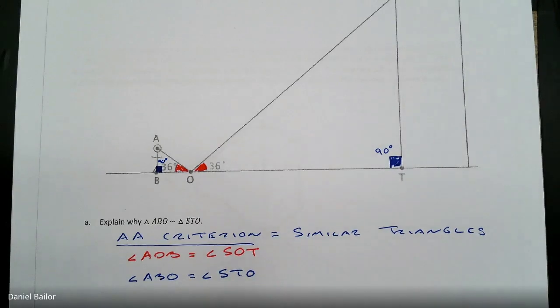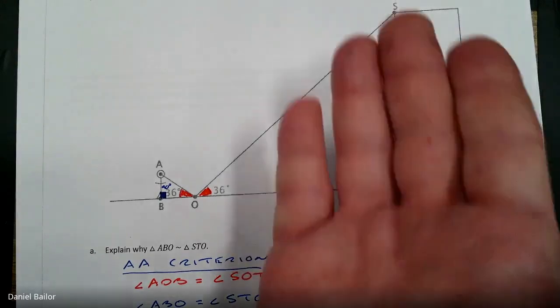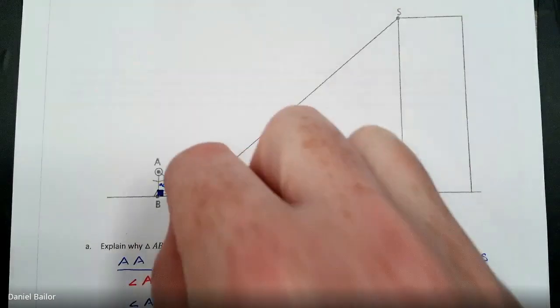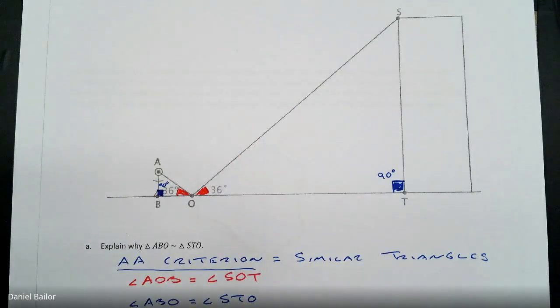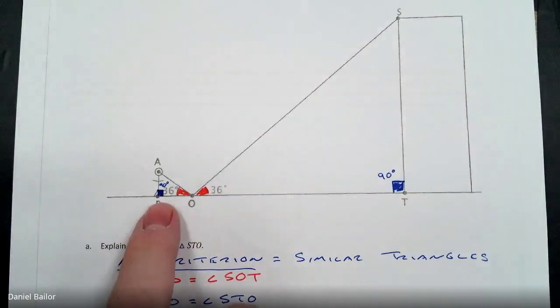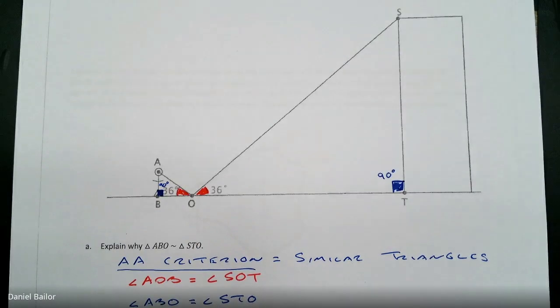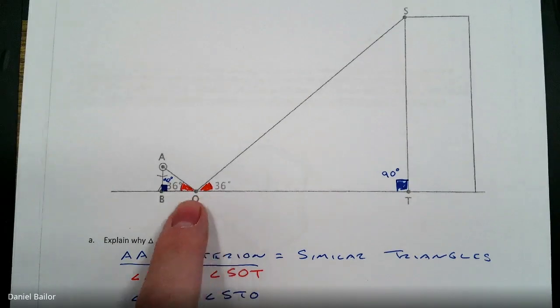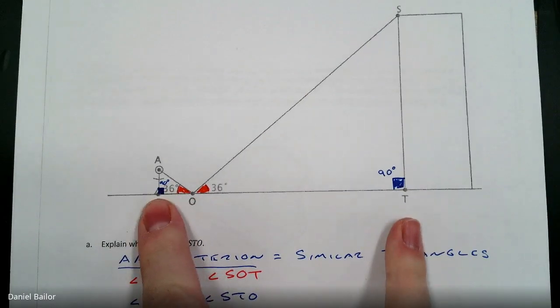These are similar. What happened was, you can see the big triangle got reflected, flipped over, and dilated. It shrunk. So it shrank and flipped over. So these are similar triangles. We know they are similar because of the AA criterion. We have the red angle that is equal, and we have the blue 90-degree angle that is equal.